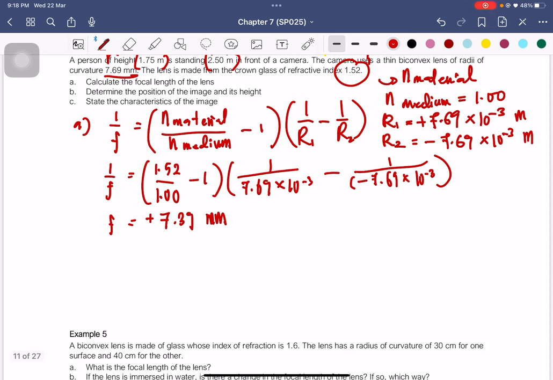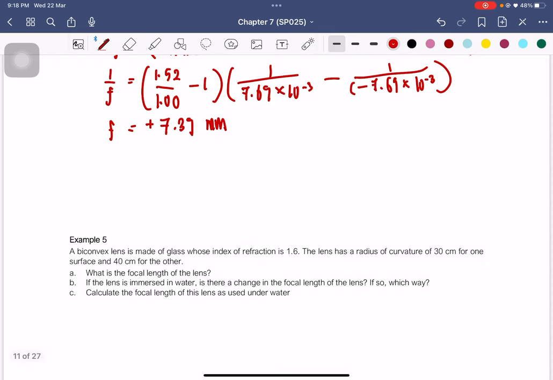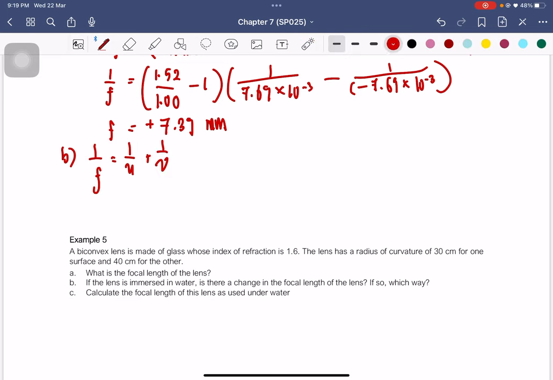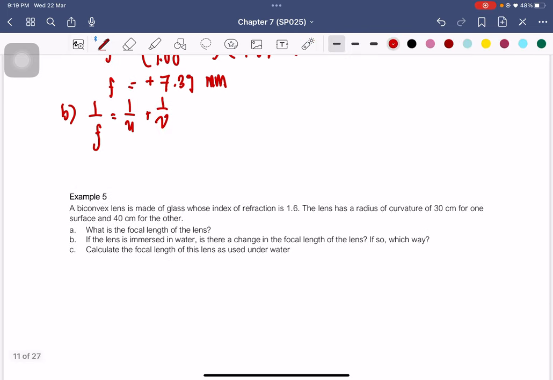And then next we have to determine the position of the image and its height. For the position of the image, we can use 1 over f equal to 1 over u plus 1 over v. Why do we use this equation? Because we are looking for the image position, which is basically the image distance.